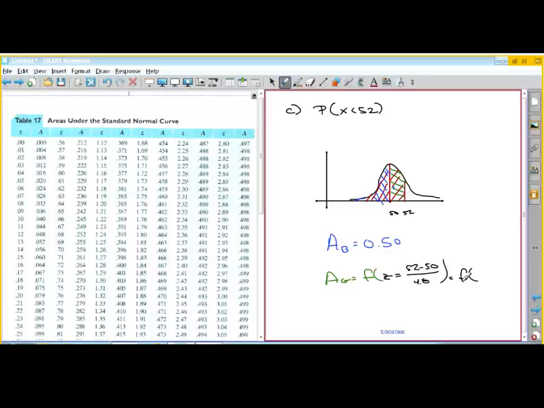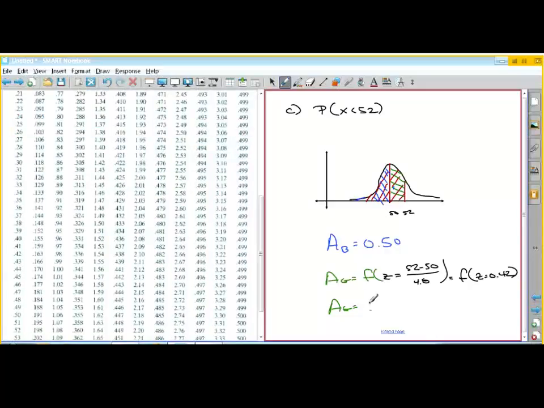If we do that calculation, we get that z is 2 divided by 4.8, which is 0.42. So for the green area, we go to the table, scroll down to 0.42, which is right here, 0.163.